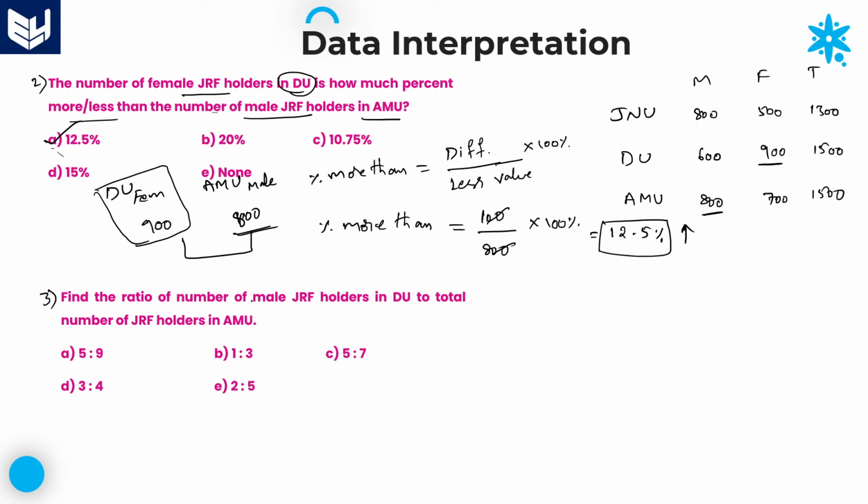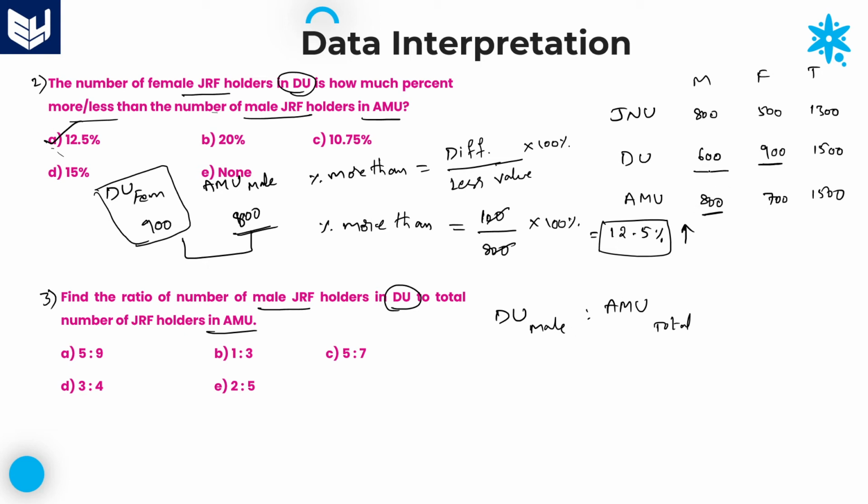Now look at the third question. Find the ratio of the number of male JRF holders in DU to the total number of JRF holders in AMU. Now look at the values.